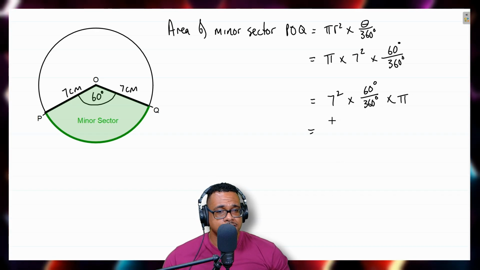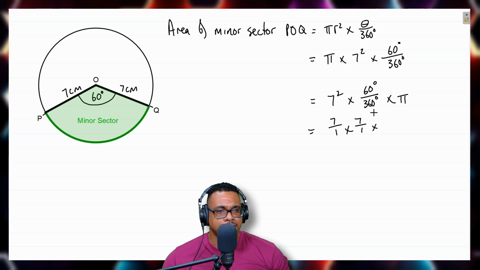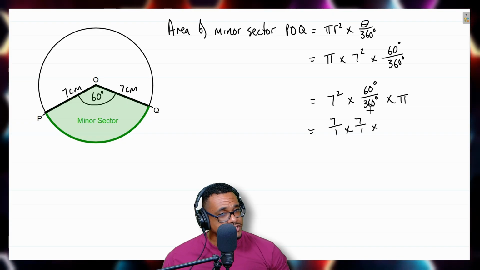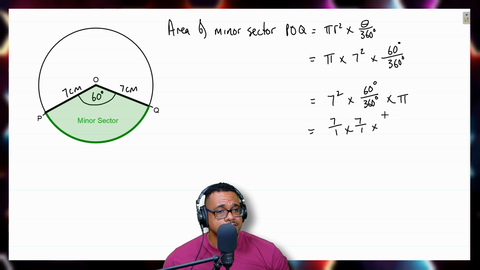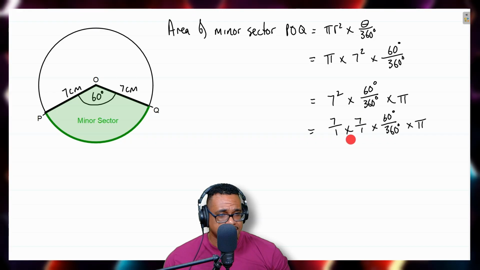So this will be equal to, I could put 7 over 1, multiply by 7 over 1, which will be our 7 squared. Multiply by 60 over 360, which is 1/6. But still I'll put 60 over 360 degrees. Multiply by pi. And we'll do our best to cancel.